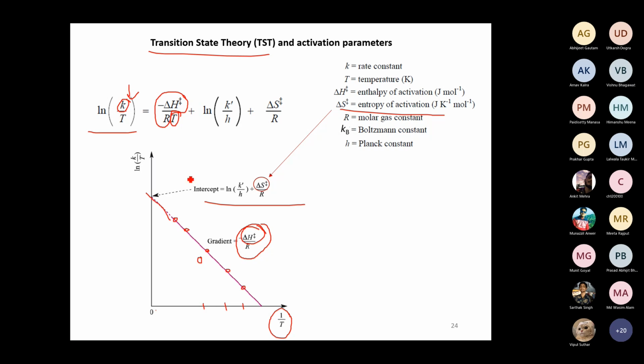Is it clear? That is a simple thing. You have to extrapolate here because you need it from the equation. This is the intercept. The dotted line is here. Regardless of what this is, wherever you touch, that is the intercept. From that intercept, from y equal to mx plus c, you get the c value. But it is not 0 Kelvin. This is 1 by T.